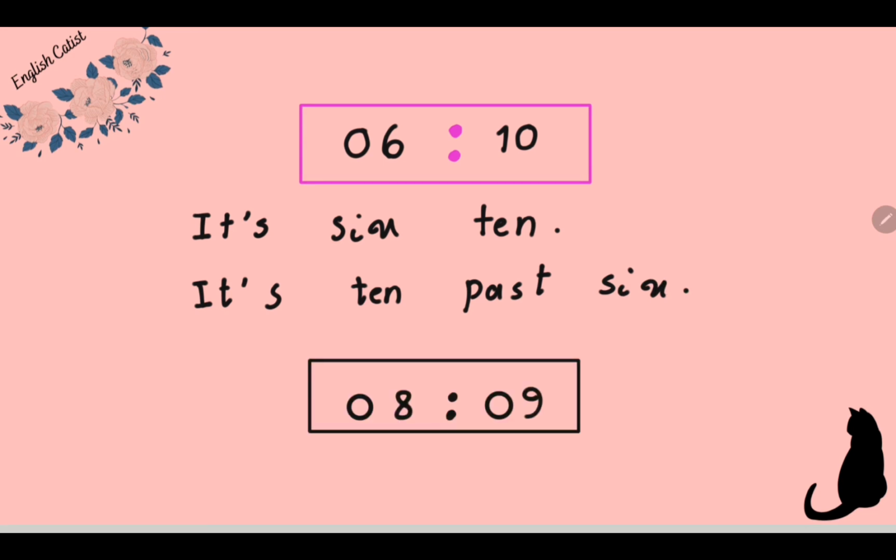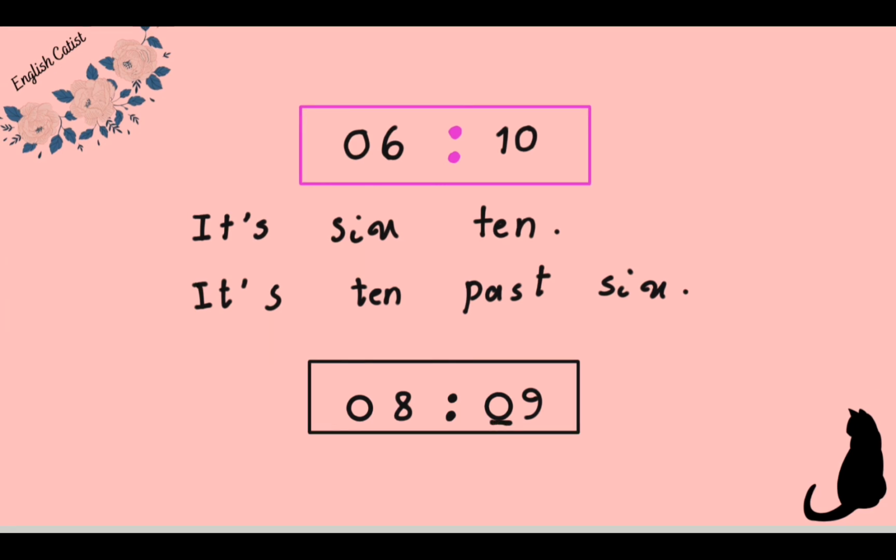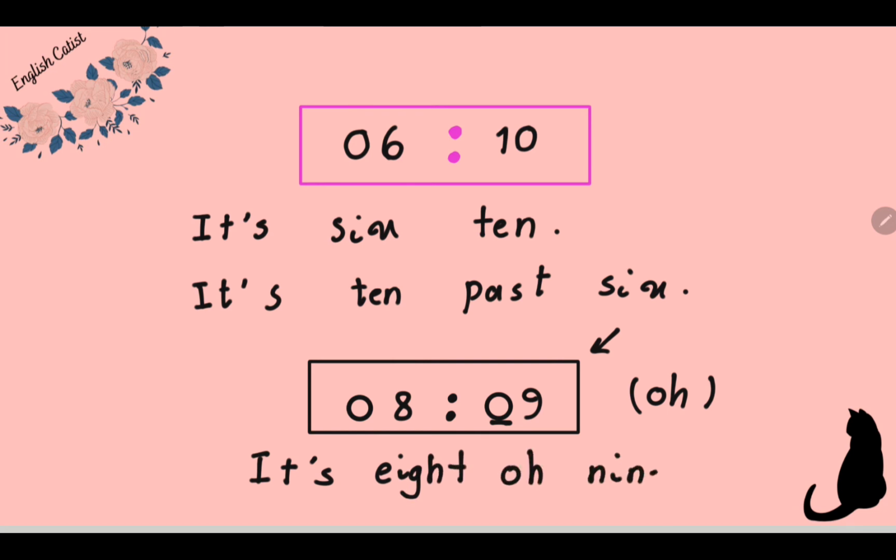Whenever in a digital clock you've got 0 in minutes, like here, you can call it O. I write here. For example, this one, it's 8:09. Okay, it's 8:09.